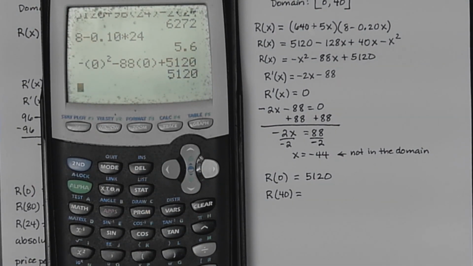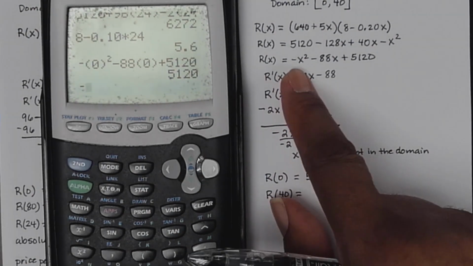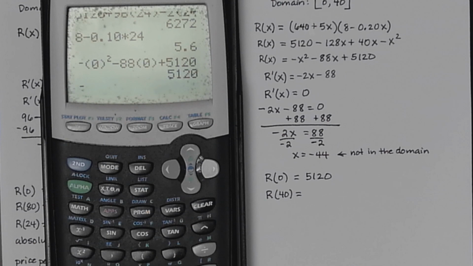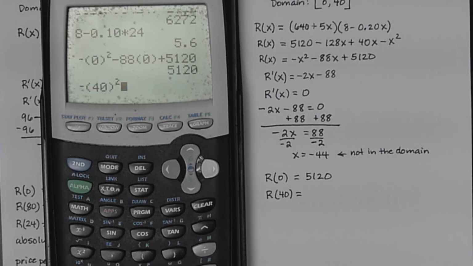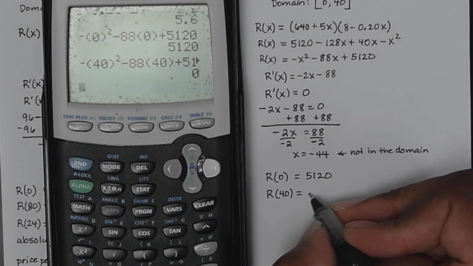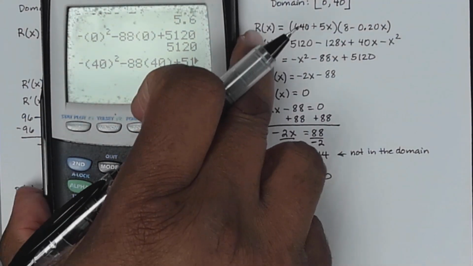And then R of 40 will be negative 40 squared, minus 88 times 40, plus 5120. That gives us 0. Okay?